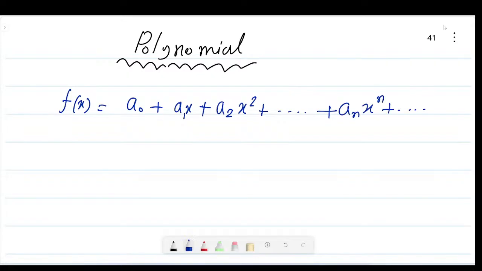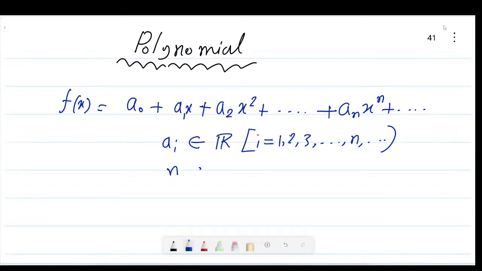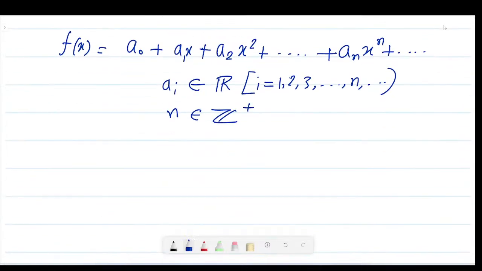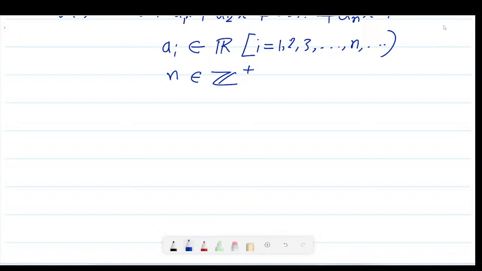This is our general expression where ai are real numbers for i from 1 to n, and n is a positive integer. And we have discussed in the last class what the degree of a polynomial is.